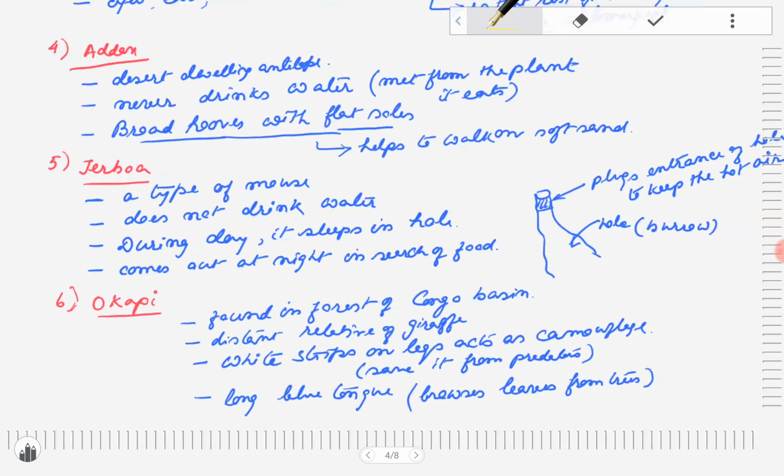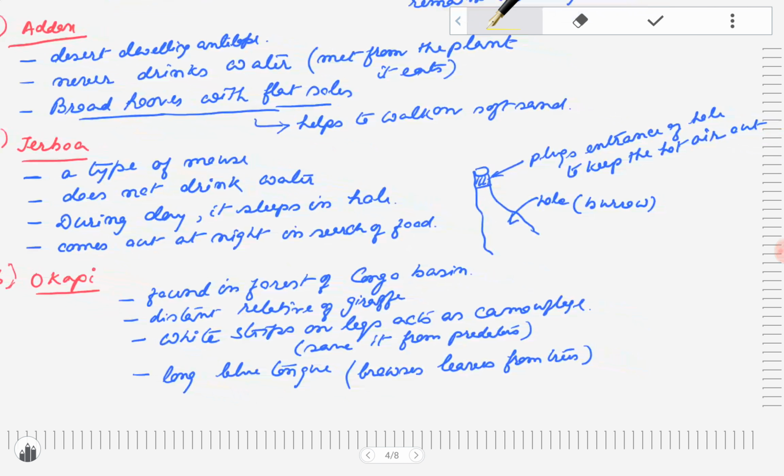Now, okapi. It is found in the Congo Basin. It is a distant relative of giraffe. It has white stripes on legs, which act as camouflage and save it from predators.